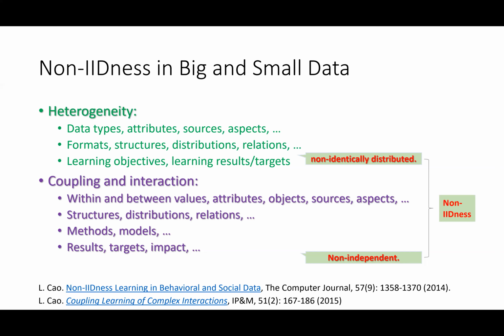These couplings and interactions could happen between two variables or multiple variables, or two attributes, or two objects or multiple objects. So there are different levels and different targets.